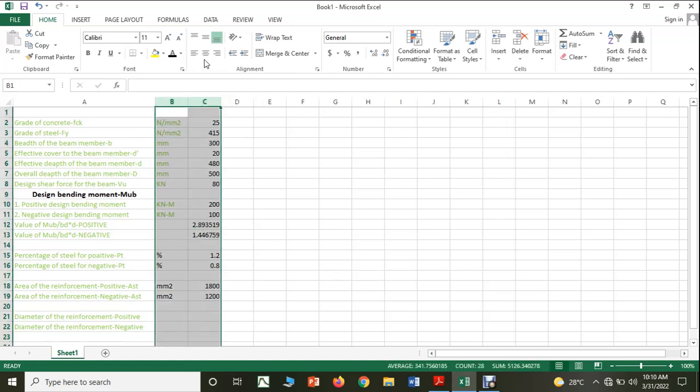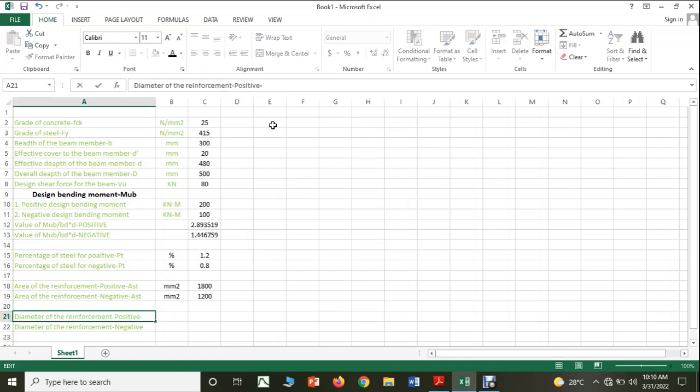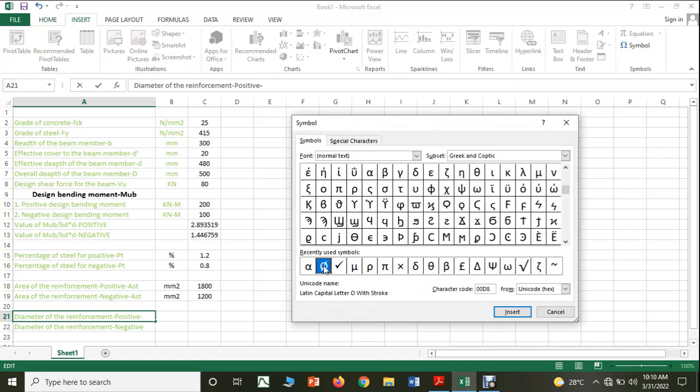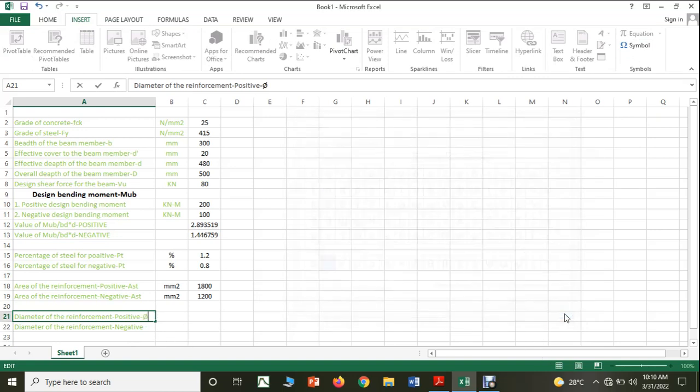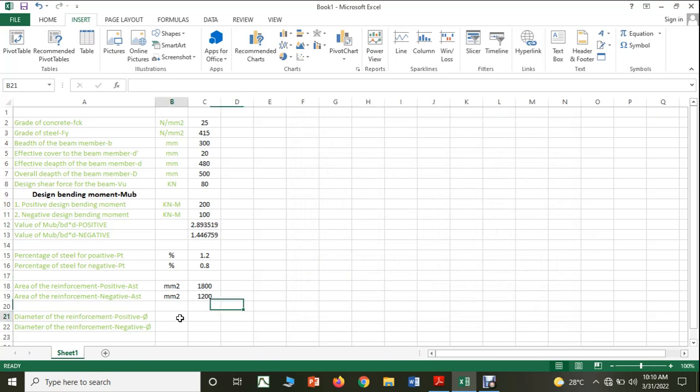For this, I can go to Insert and it will be the diameter symbol. Similarly here also the diameter symbol. Definitely it will be in mm, and this will also be in mm. Let us take that I'm going to provide 16 mm for both. Okay, 16 mm I'm going to provide.